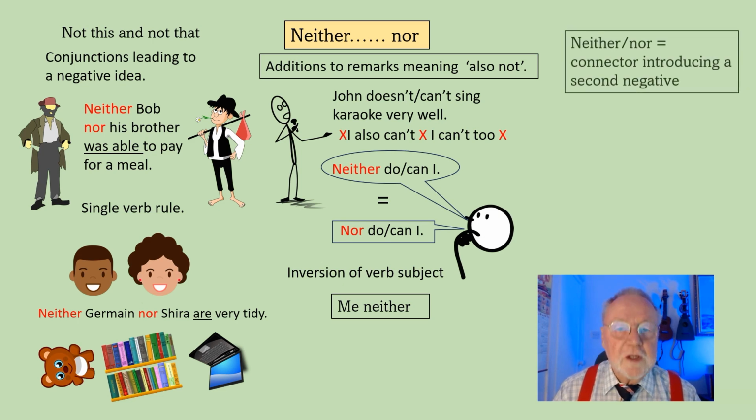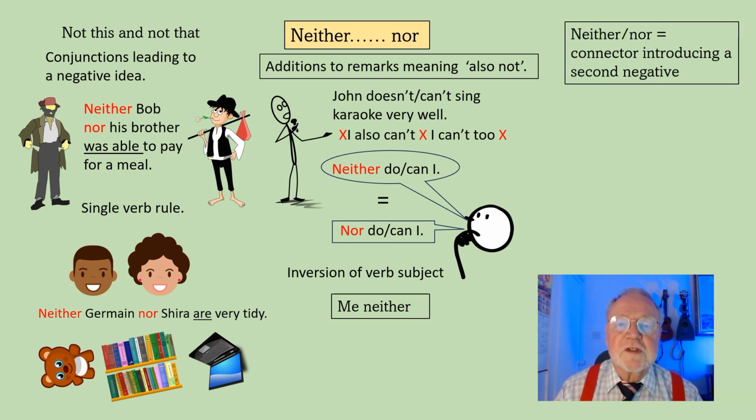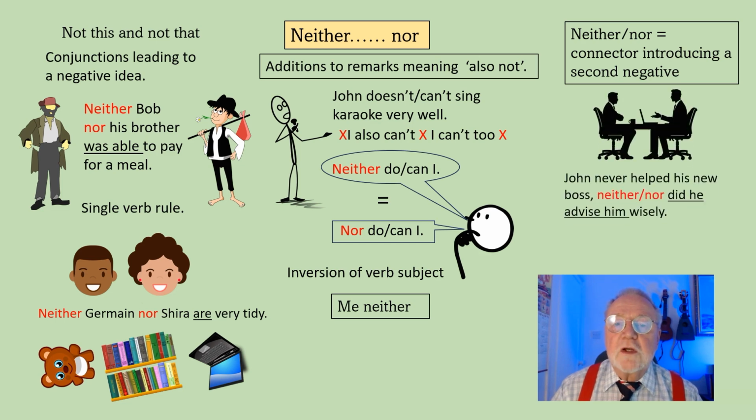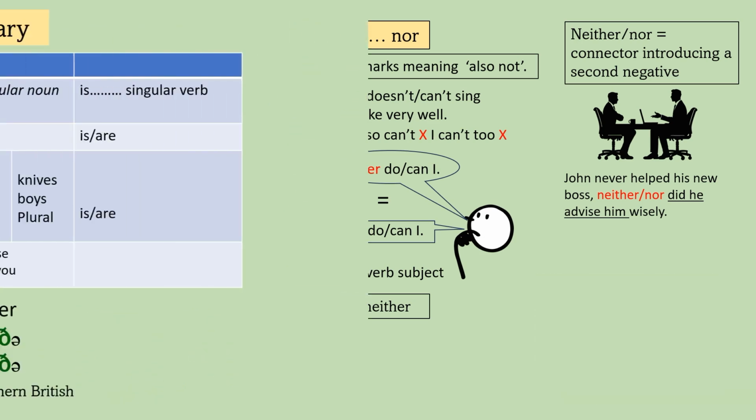Neither and nor are very useful connectors for introducing a second negative, especially when you're making a written argument in one of your answers to your questions. Look at this example. John never helped his new boss. There's the first negative, never. Neither nor, we could use either, did he advise him wisely. And watch out for the inversion.